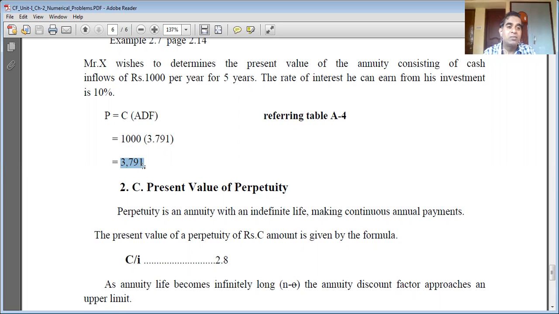And Mr. X has to invest 4,000 rupees for the small business. So now you tell me whether Mr. X should invest 4,000 rupees in this business or not.